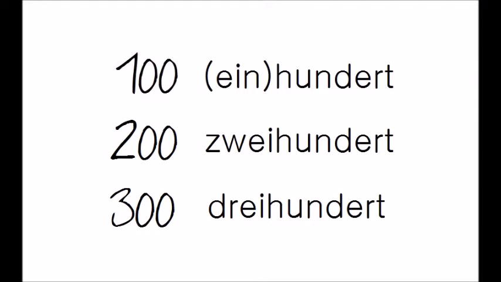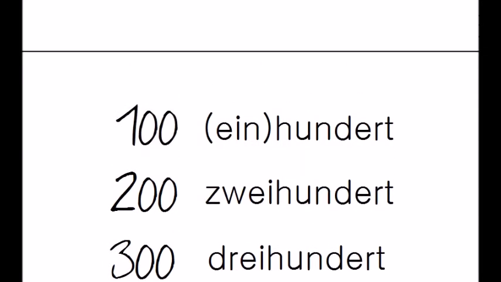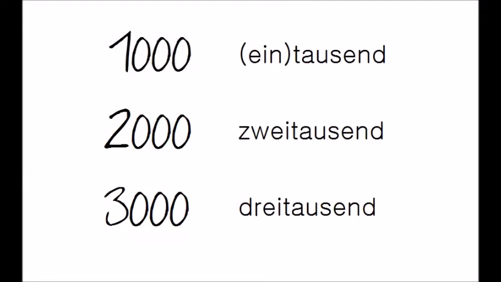There are no exceptions. Then the next step is 10 times 100, which is 1000. In German, that is tausend. It works the same way. So it is 1000, 2000, 3000, and so on.